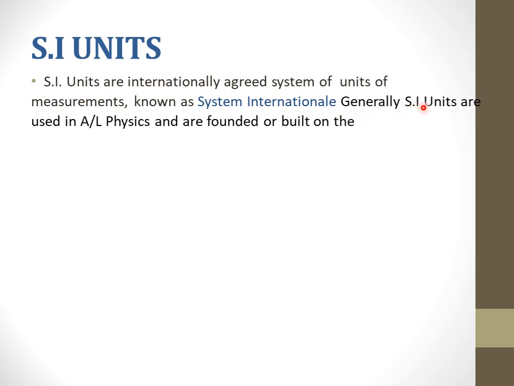Generally, SI units are used in A-level physics and are built on these base units. All SI units, maybe the SI unit of area, the SI unit of velocity, the SI unit of work, are built on the base SI units that we are going to be looking at.